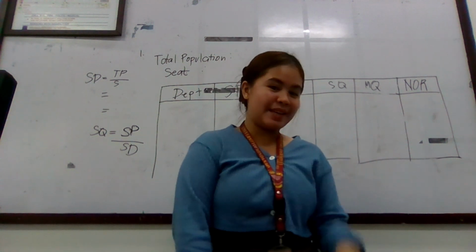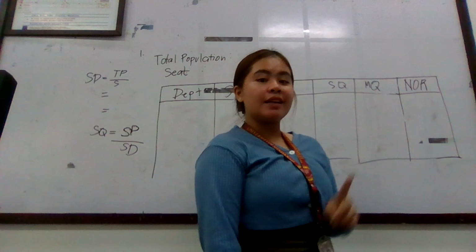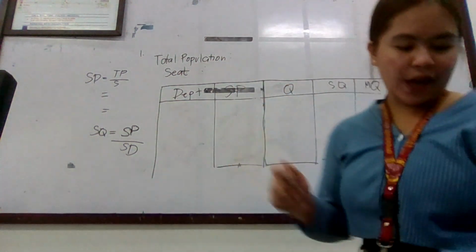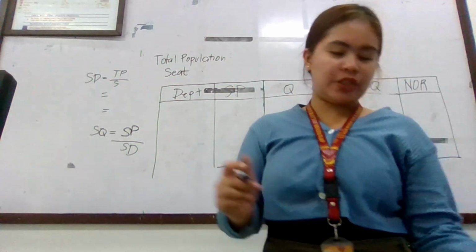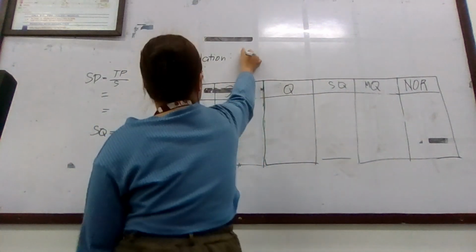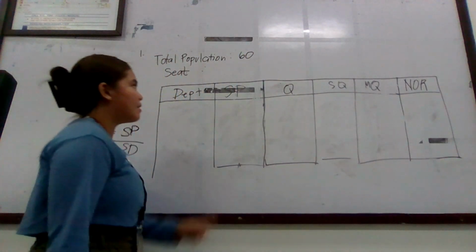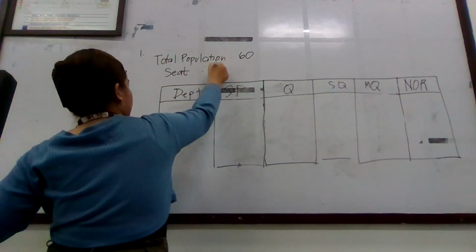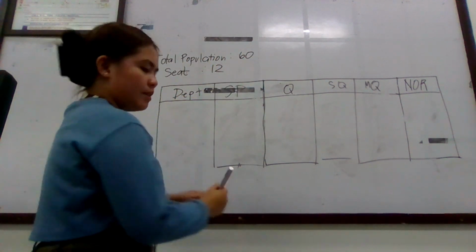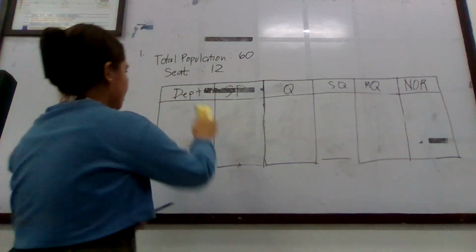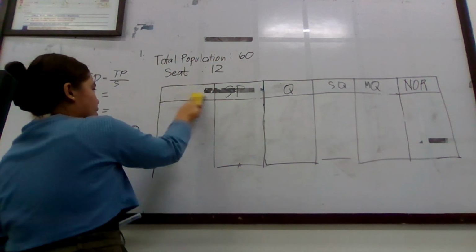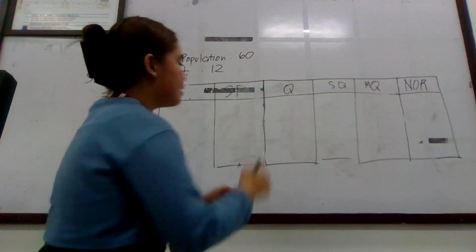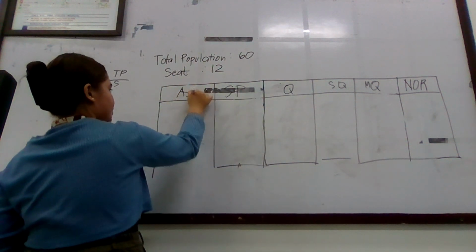So first step is we need to identify the givens. So we have our total population, which is 60, and the seat that need to be apportioned is 12. So these are the aspects.